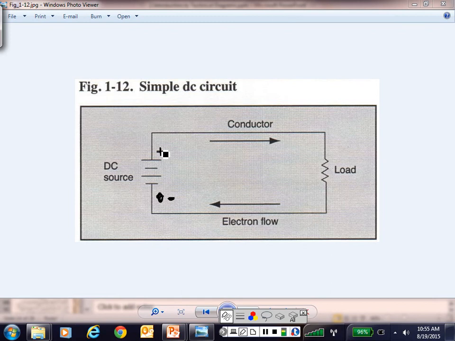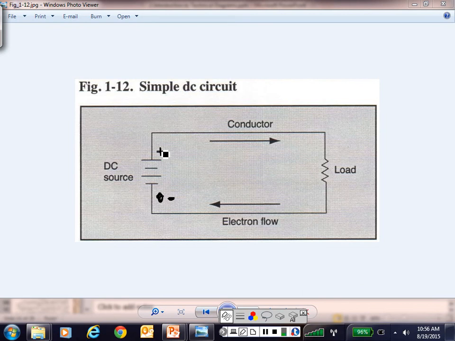They assumed that the positive was the high pressure side. So originally they thought that current flowed from positive to negative. That's still taught by some institutions. It's no longer taught by the government. If you ever hear anybody say conventional current, that is not what's flowing.